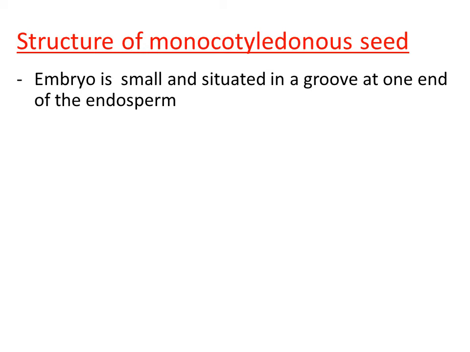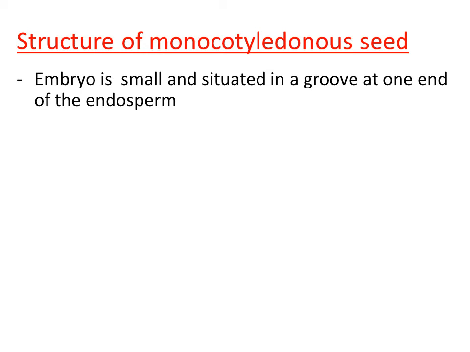In the monocotyledonous seed, the embryo is small and is situated in a groove at one end of the endosperm. So at one end of the endosperm, we can see the embryo, right?